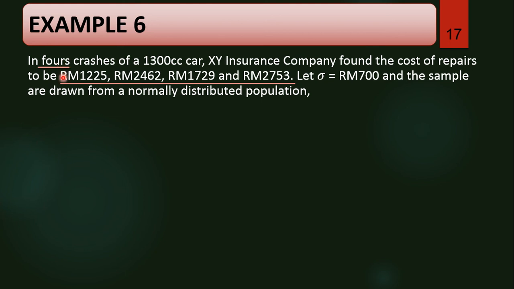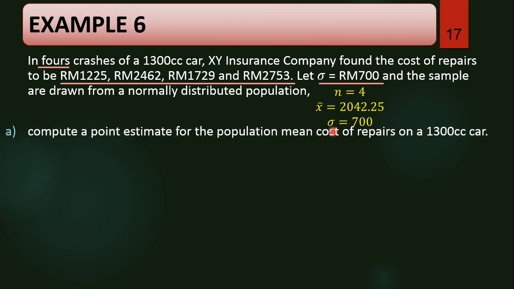You are not directly given the sample mean, but you can find the sample mean from the data, which is equal to 2042.25 ringgit. So now, it falls under the second case where your sample size is small. But at the same time, the sigma is given, meaning to say that here we will use the Z table.